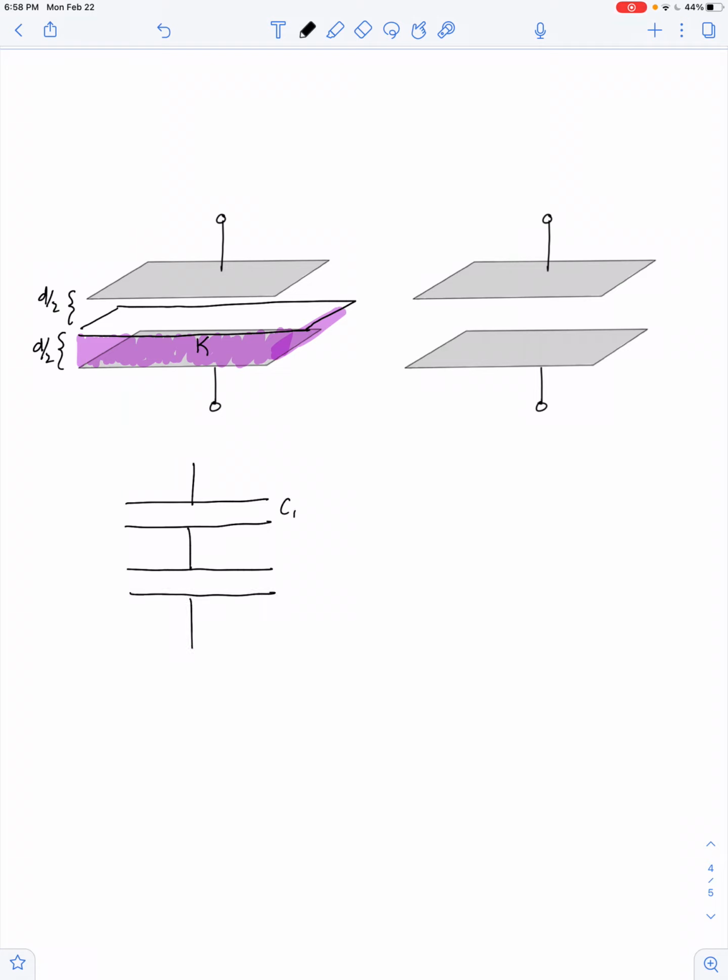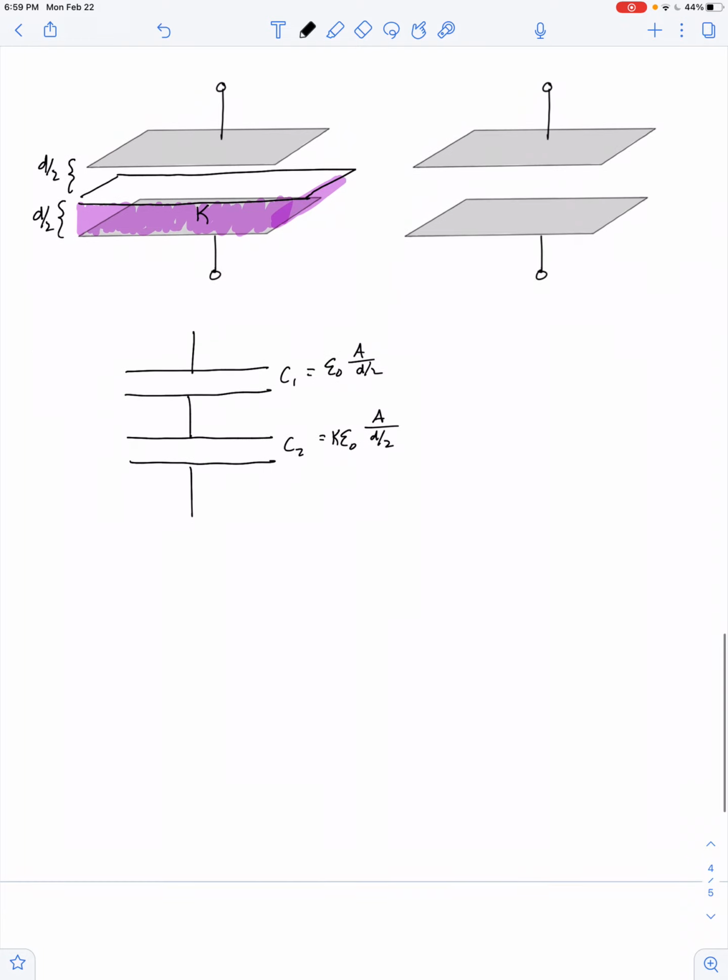The top one, C1, has a capacitance equal to epsilon naught times A divided by d over 2, and the bottom one, C2, has a capacitance kappa times epsilon naught times A over d over 2. So the equivalent capacitance is equal to 2 epsilon A over d multiplied by 2 times kappa times epsilon A over d.